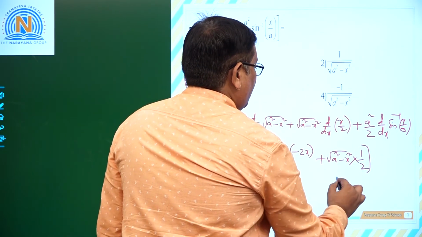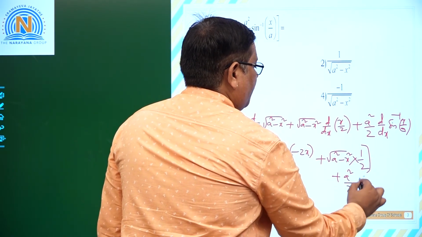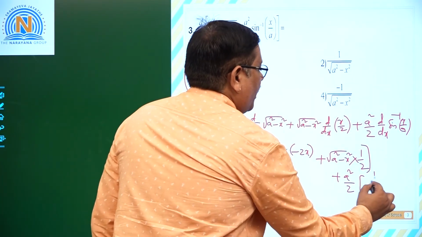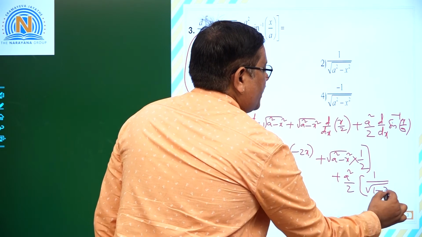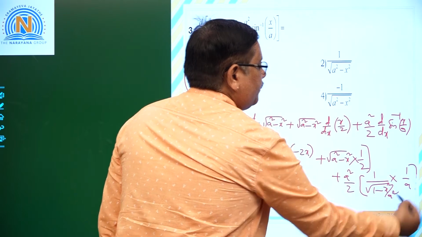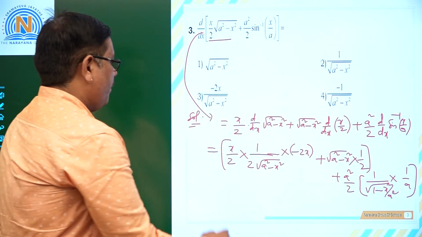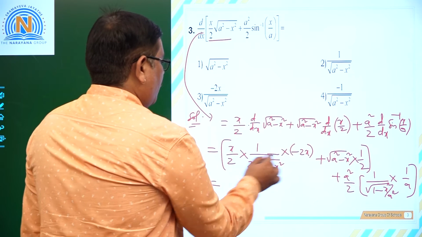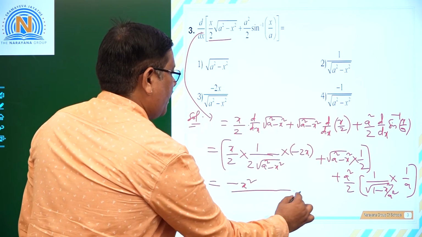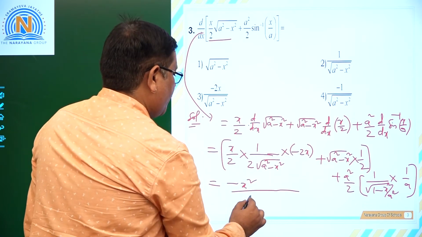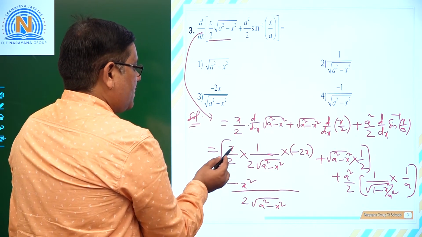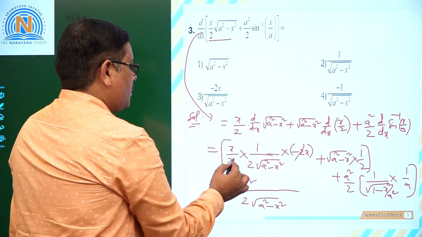Plus next a square by 2 times of, here it will be d by dx of sin inverse x is 1 by root over 1 minus x square into derivative of x by a is 1 by a. Derivative of x by a is 1 by a. So that is going to be, here 2 cancels. So we have minus x square by, here we have 2 root a square minus x square, let me take as LCM. So we have here minus x into x is x square, because this 2 and this 2 cancels.